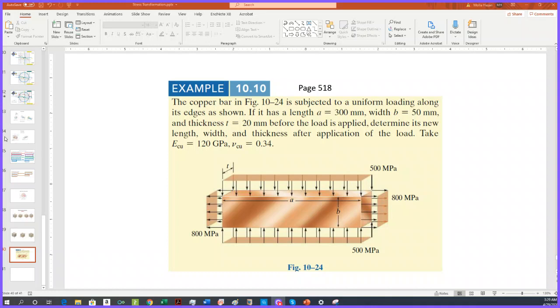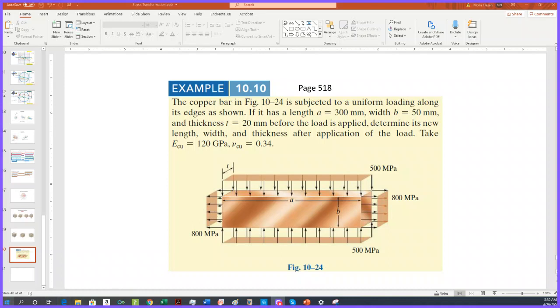If you see, this copper bar is pulled in the horizontal direction, and it is pressed in the vertical direction. So we can say this bar is subject to a plane stress.